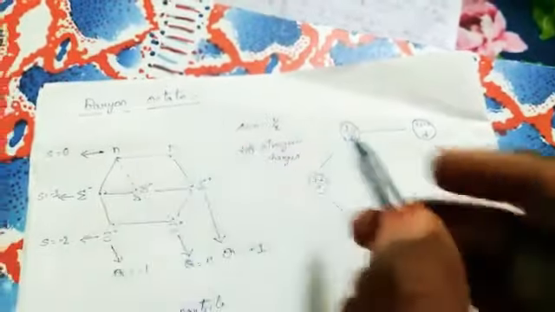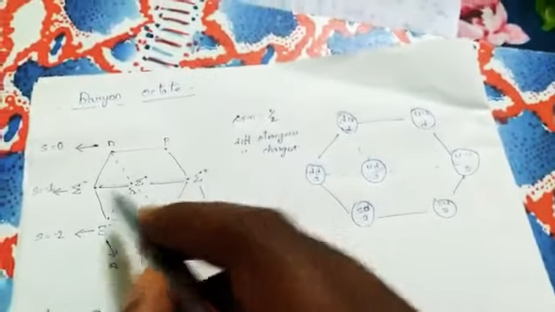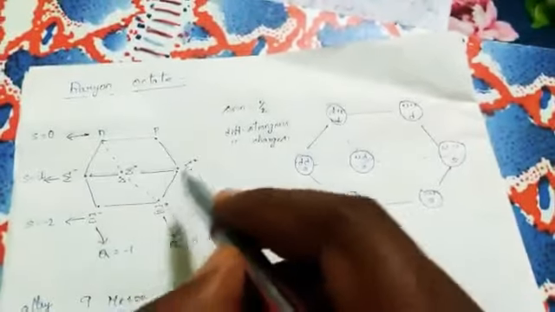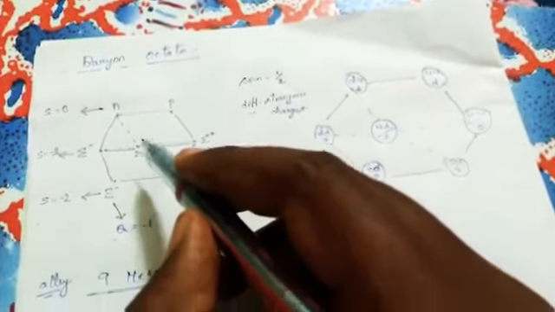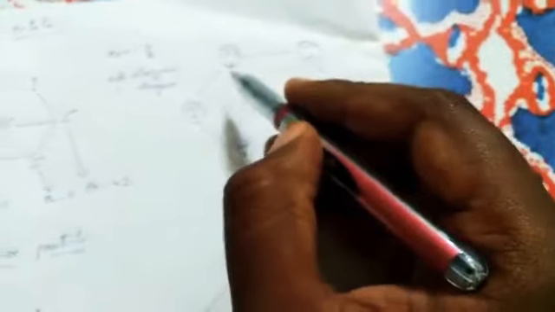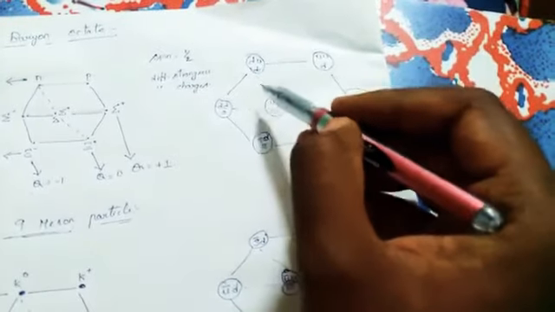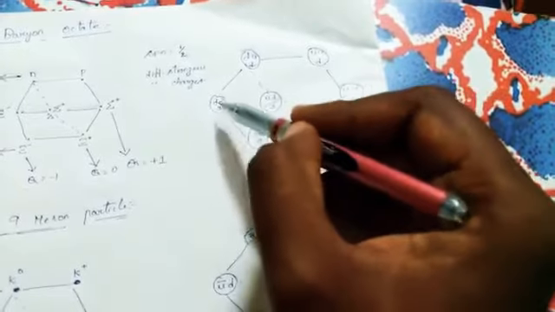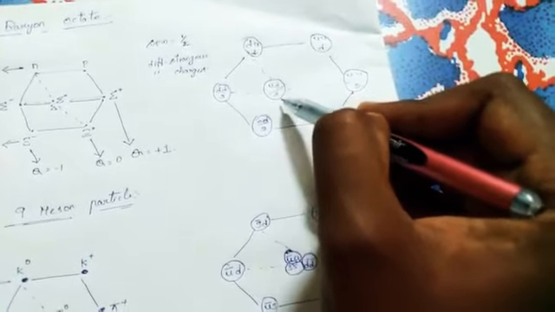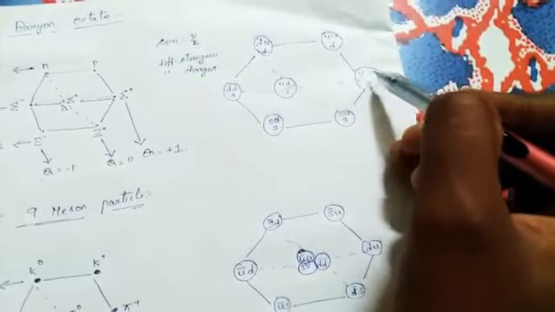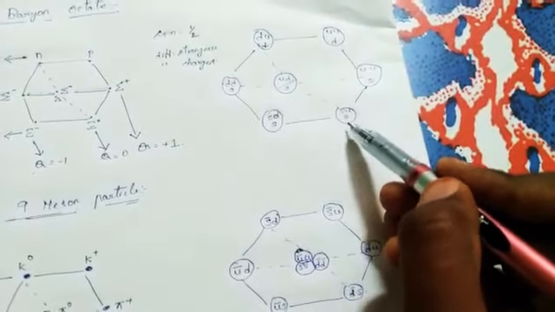In the baryon octet, the particles are arranged in a geometrical fashion in this way, and these particles are made up of quarks: one up quark and two down quarks, two up quarks and one down quark, two down quarks and one strange quark, one up quark, one down quark and one strange quark, and up quarks with strange quarks.